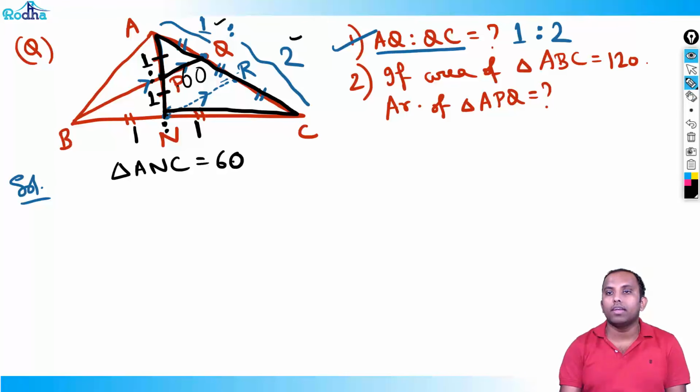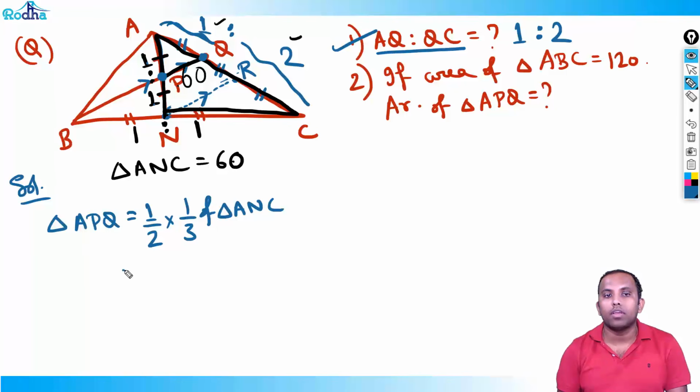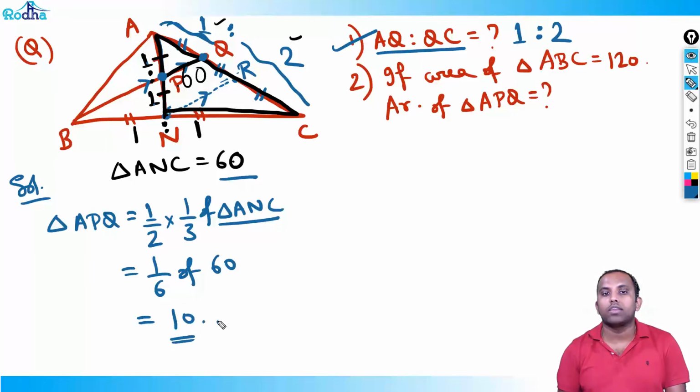So I can directly write, triangle APQ is what fraction of triangle ANC? Due to this P, it is 1/2. And due to this Q, it is 1/3. That means 1/6 of triangle ANC, which is 60. So 1/6 of 60 is 10. So 10 is the answer. Triangle APQ area is 10.